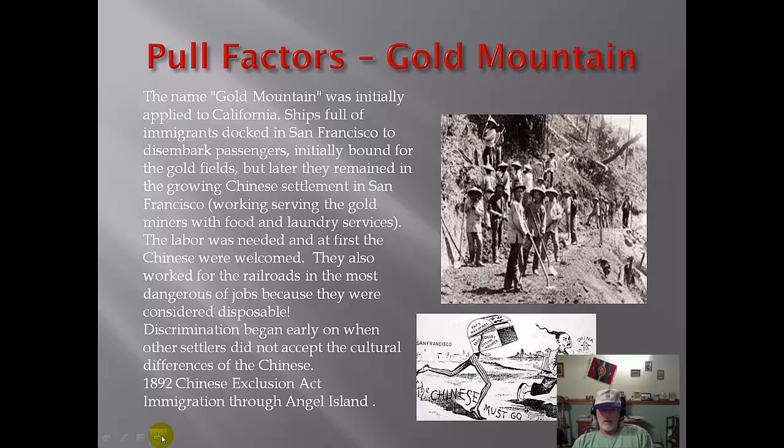Discrimination began early on when other settlers did not accept cultural differences. In 1892, the United States passed the Chinese Exclusion Act. Immigration went through Angel Island, the place off San Francisco where a lot of immigrants came in from Asian countries. On the East Coast, Ellis Island was the major immigration center off New York.